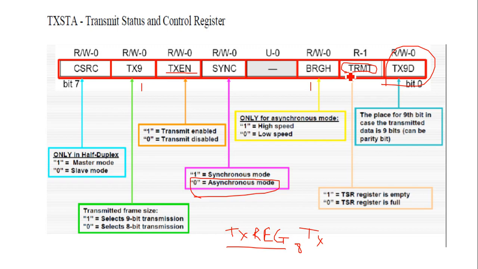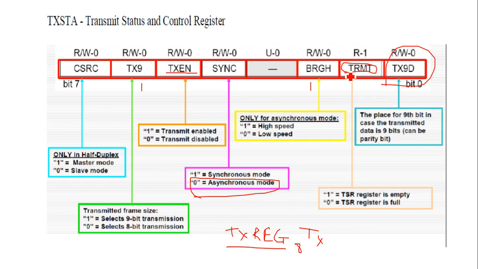That framing of the 8-bit data is done by the TSR. The TSR frames that 8-bit data with start and stop bits, and the 10-bit data is transferred serially via the TX pin.